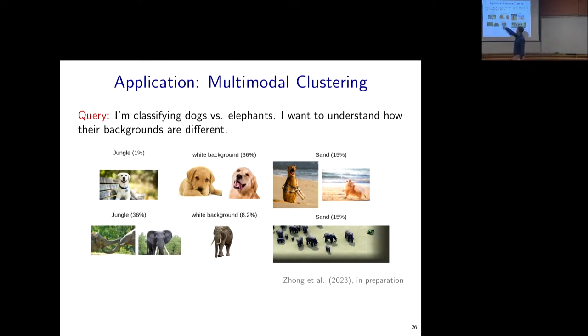It comes up with three backgrounds: jungle, white background, and sand. Elephants are much more likely to appear in the jungle, dogs are much more likely to have a white background, and they're about equally likely to appear in sand. So this is just a fun application, but the point is, how did I do this?